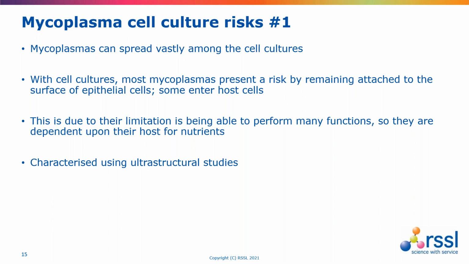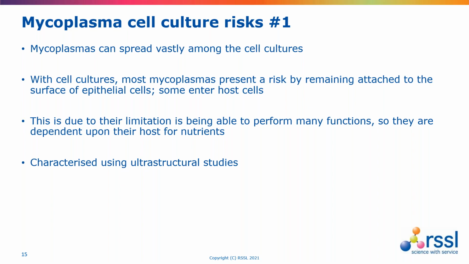If we go back to the parasitic nature of mycoplasmas, the relationship with the cell is important because mycoplasmas are unable to perform many of the functions that most other bacteria can perform. So they are invariably dependent upon their host for nutrients. This is one of the key cell culture risks.